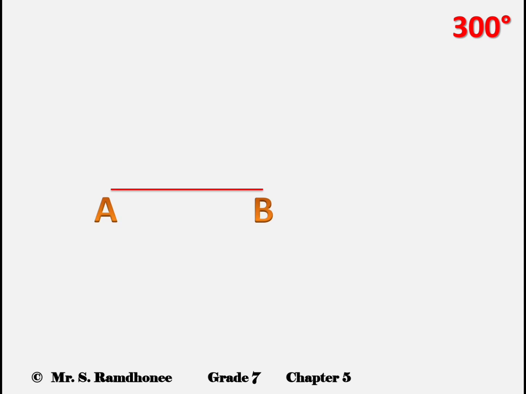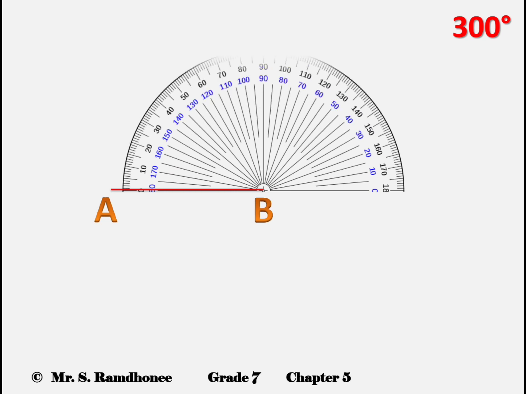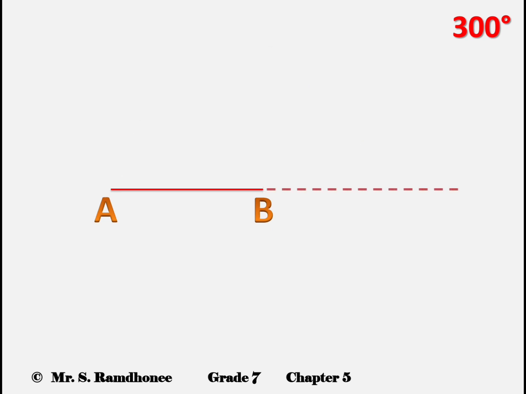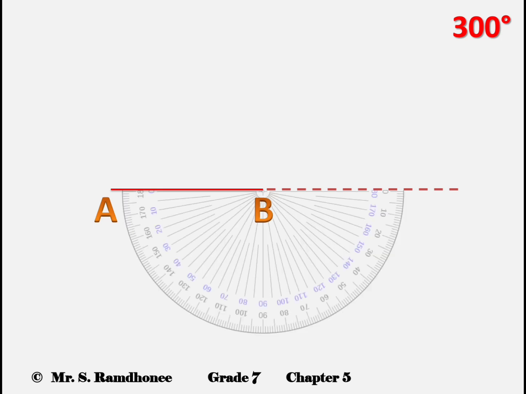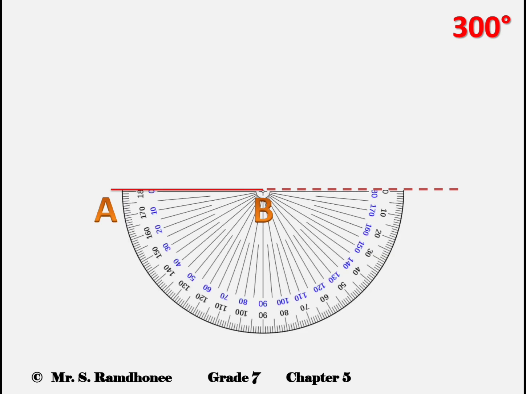The last example would be that of 300 degrees, and comparing it to the previous one, we have quite a similar case. 300 degrees is more than 180 degrees. We are going to draw the extension, and this is going to be a very faint line, and then we are going to place our protractor in this way, and we have to do a subtraction. That would be 300 minus 180, that would be 120 degrees.